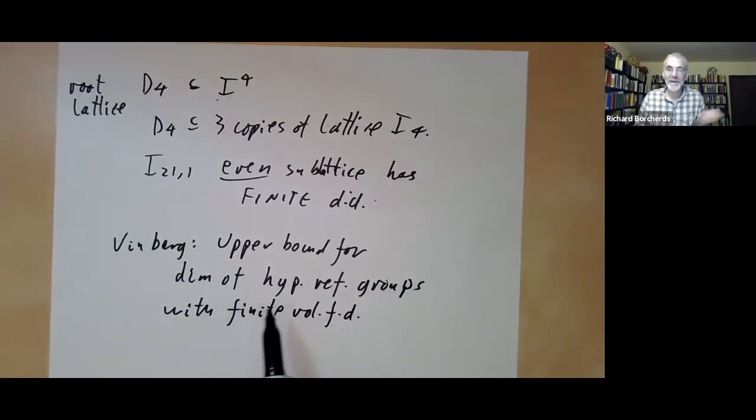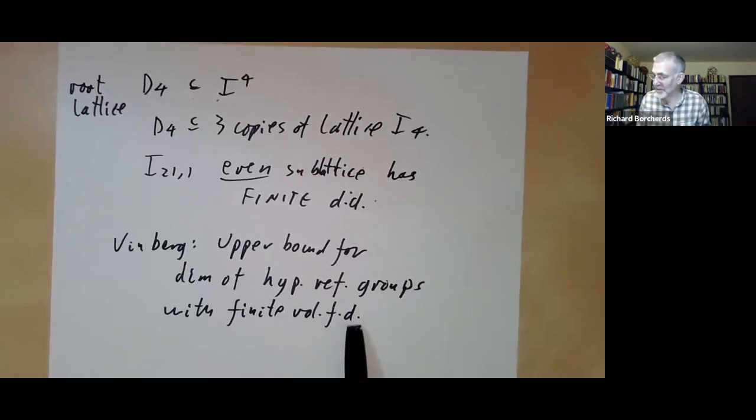You can easily find reflection groups in any dimension with an infinite volume fundamental domain. And some of these are even rather interesting. For instance, Conway's reflection group in 25-dimensional hyperbolic space has an infinite volume fundamental domain.